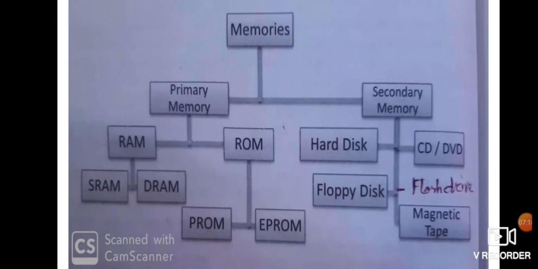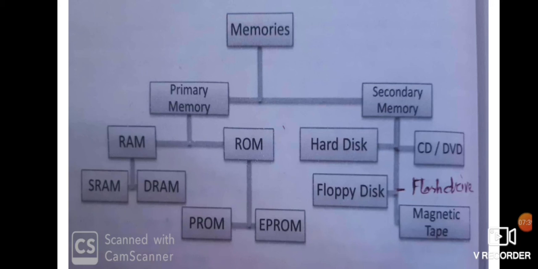Now look at this diagram. I will show you the hierarchy of memory in this diagram. At the top is memory. Memory is of 2 types: primary memory and secondary memory. Primary memory is further of 2 types: RAM, random access memory, and ROM, read only memory.